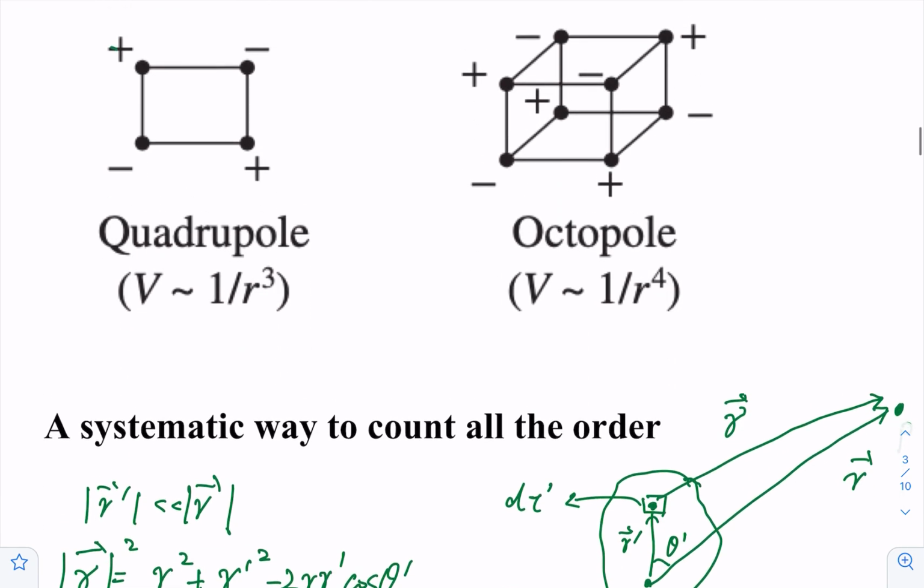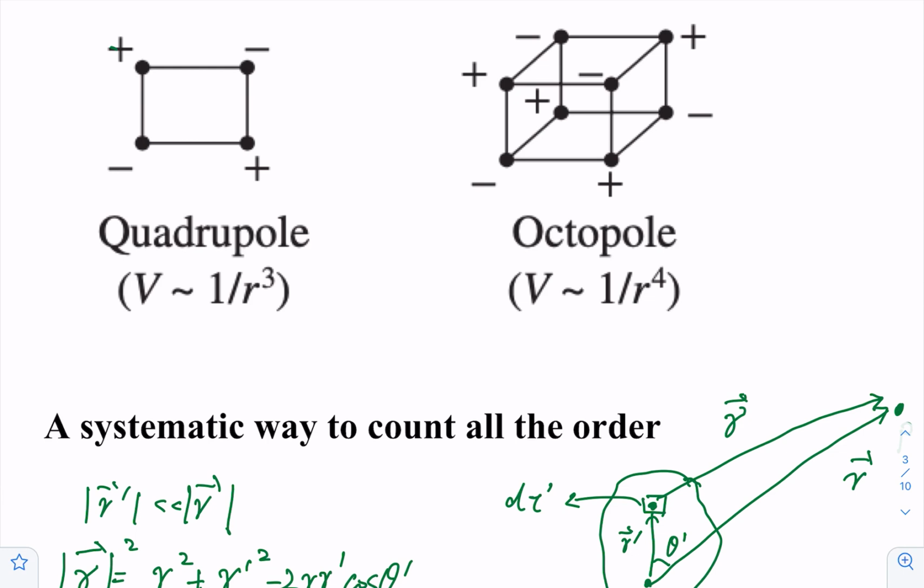Now, this idea can actually be generalized. If we have this kind of configuration and calculate the far field approximation, the V is actually 1 over r to the power of 3, which is one order higher than the physical dipole that we considered.